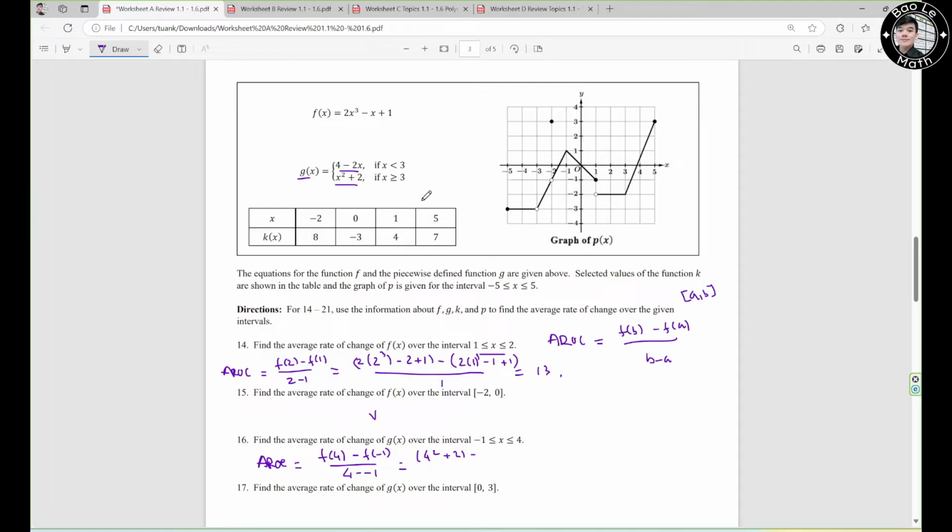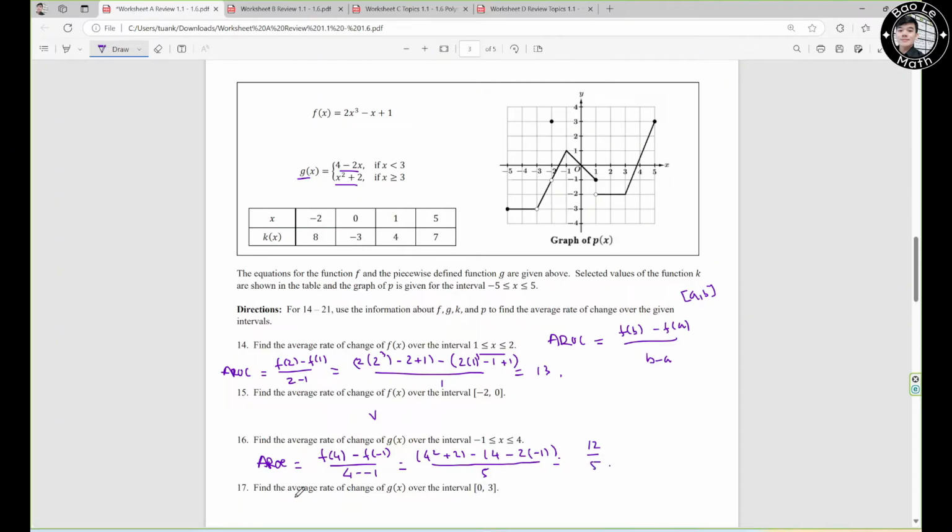So we're going to use the first one right here. So it's going to be 4 minus 2 times negative 1 over 4 minus negative 1, which should be 5, right? So if we simplify this one, it turns out to be 12 over 5, right?